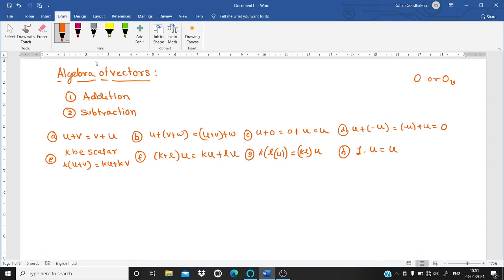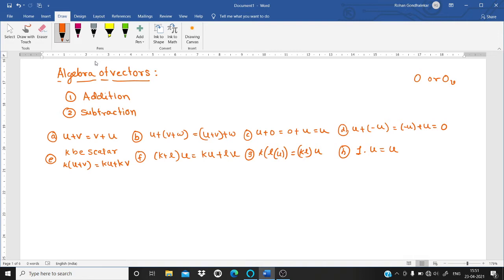So here, if we just look at the 0 and the 1, we can say 0 plus u or u plus 0, in both ways my answer is u. So 0 acts as an identity element. So when we add the identity element to the vector, we get the vector back.